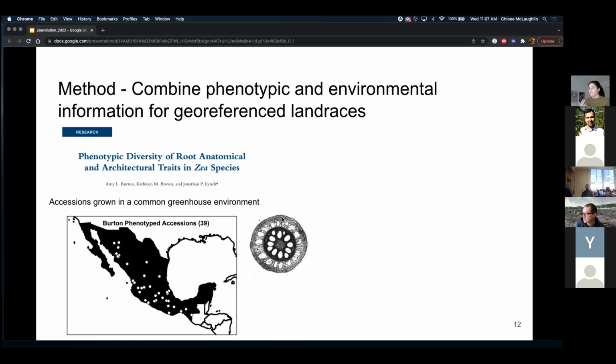But we also do have information on these landraces' architecture and aboveground biomass, but I'm going to be focusing today on the root anatomical traits for the sake of the story that we're telling.